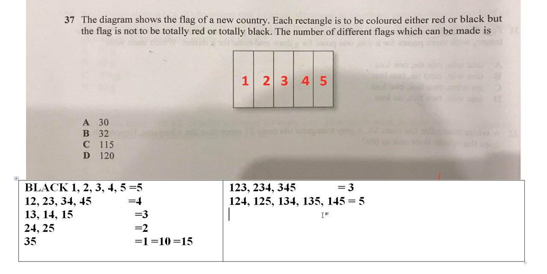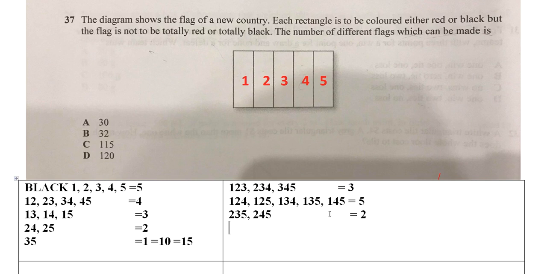Now we've done all the ones starting with 1, so we get a 2. We don't do 2, 3, 4 because we've already done it, so we go straight to 2, 3, 5 black, and 2, 4, 5. Can we do any more starting with 2? Doesn't look like it. So there's 2 there.